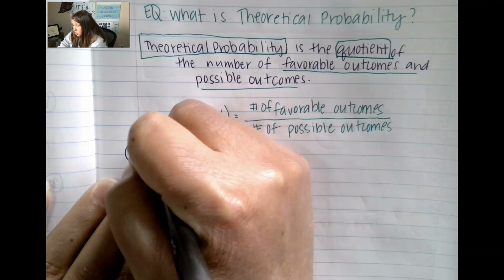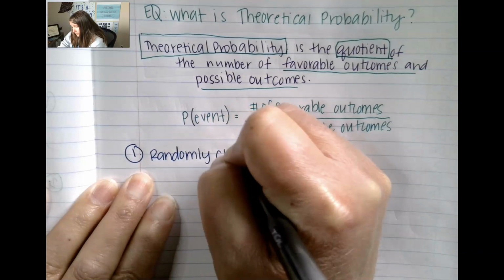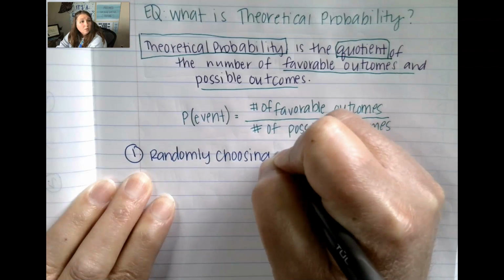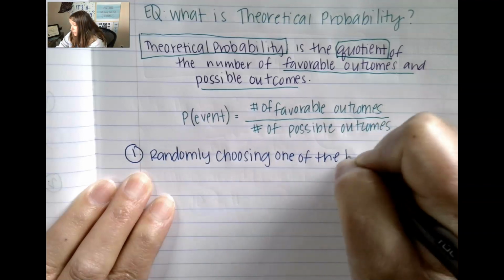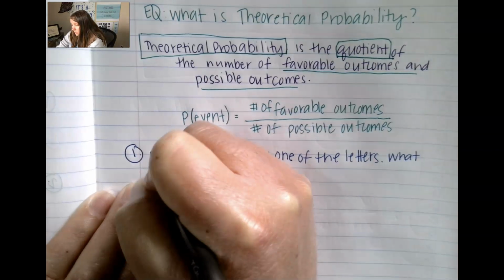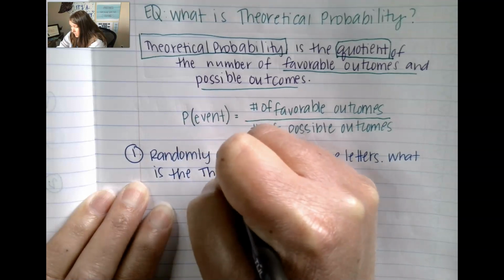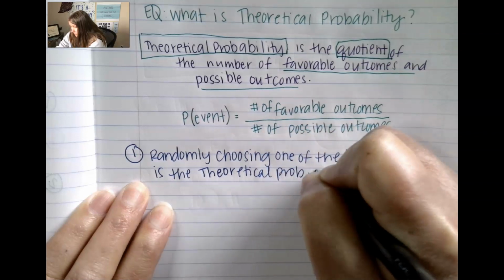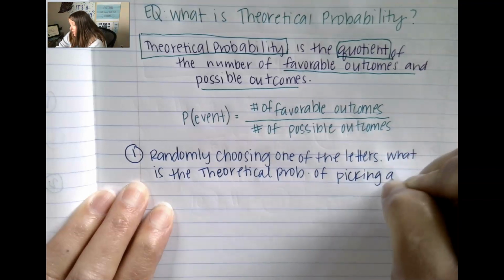Says randomly choosing one of the letters. What is the theoretical probability of making a vowel?